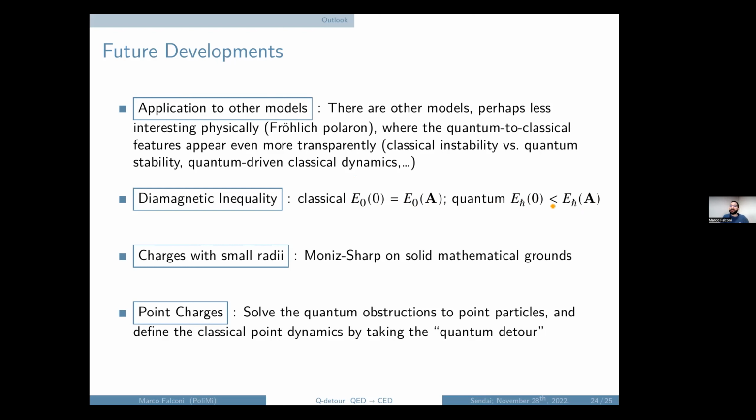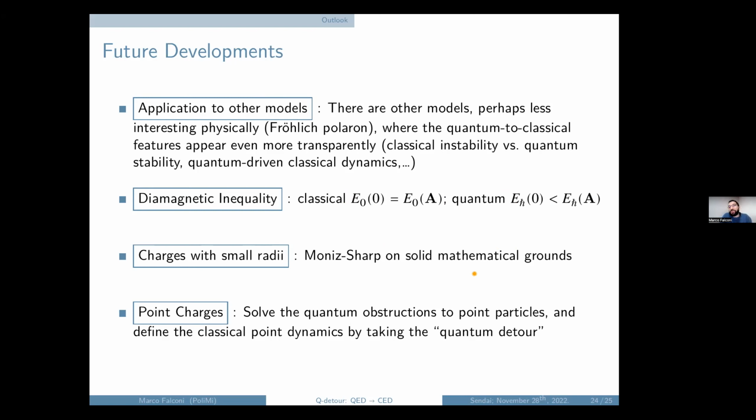So one should understand why in the limit this strict inequality flattens to an equality. This inequality is very important at the quantum level to prove stability properties of the system that are indeed lost at the classical level. So one could understand how these stability properties are lost at the classical level.